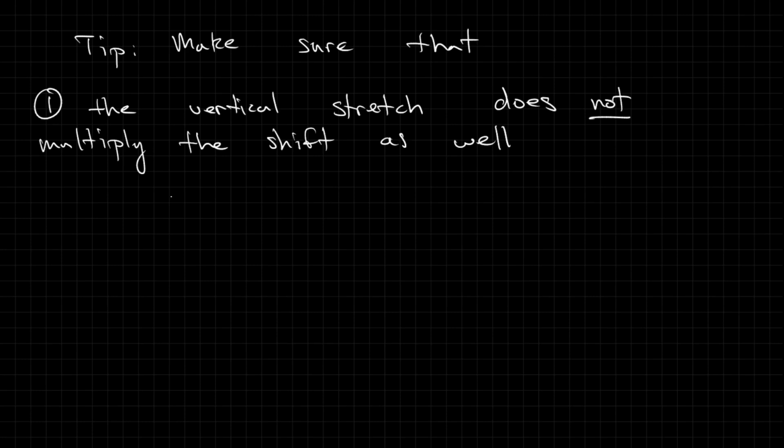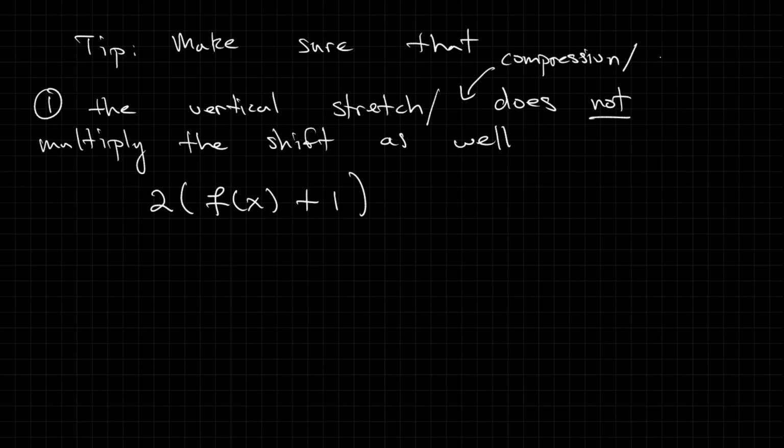Let me show you what I mean by that. So if you have something like 2 parentheses f of x plus 1, and it would be accurate to say the vertical stretch slash compression slash reflection.